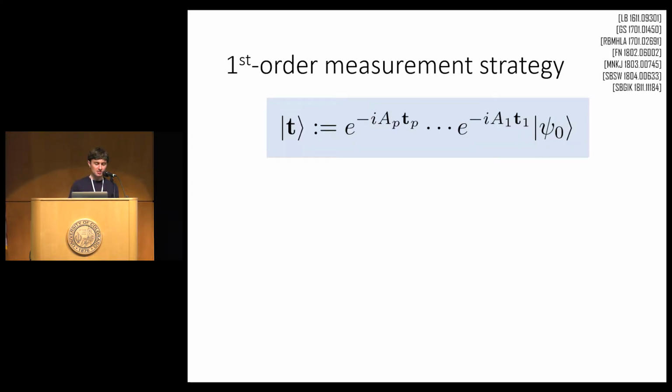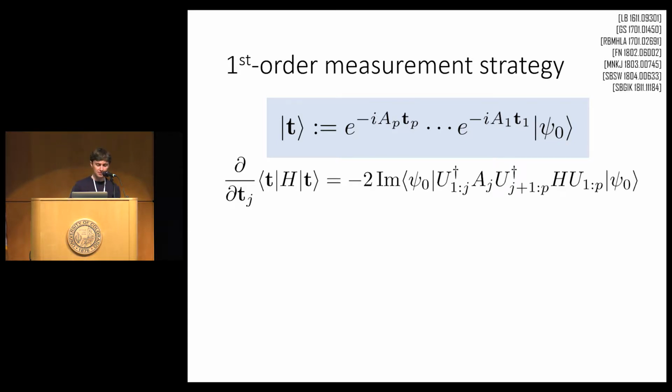But it's also possible to do a similar procedure and obtain information directly about derivatives of the objective function, as has been pointed out in several papers in the last couple of years. So how do we do that? Recall that this is the definition of the variational state.